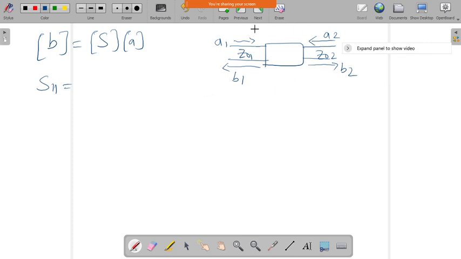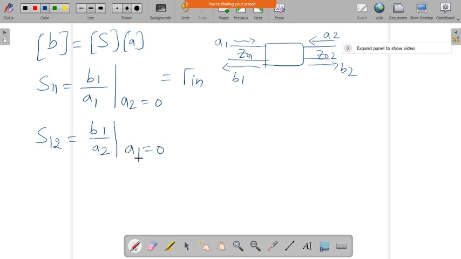For this 2-port network, where the port impedances are different, we can define the S parameters. S11 is B1 divided by A1, where A2 equal to 0, which is the input reflection coefficient. Similarly S12 is B1 by A2, where A1 equal to 0.